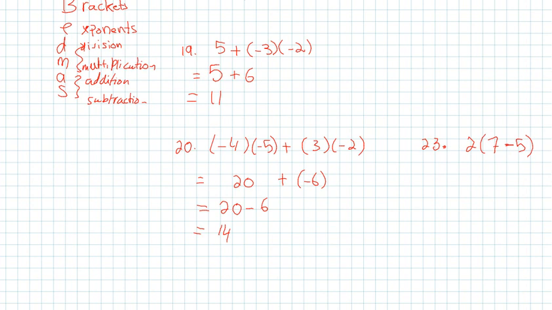The brackets. I have to figure out what's inside that bracket. So what's 7 minus 5? 2. So then I have 2 times 2, which is? So again, this is one of those maths where you have to do the bracket first. Inside the bracket, simplify that, then deal with the multiplication.